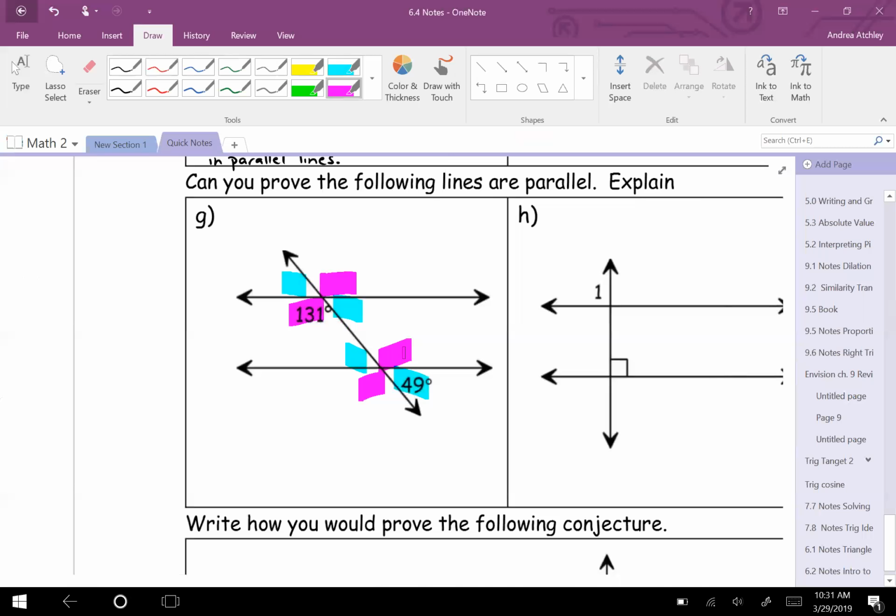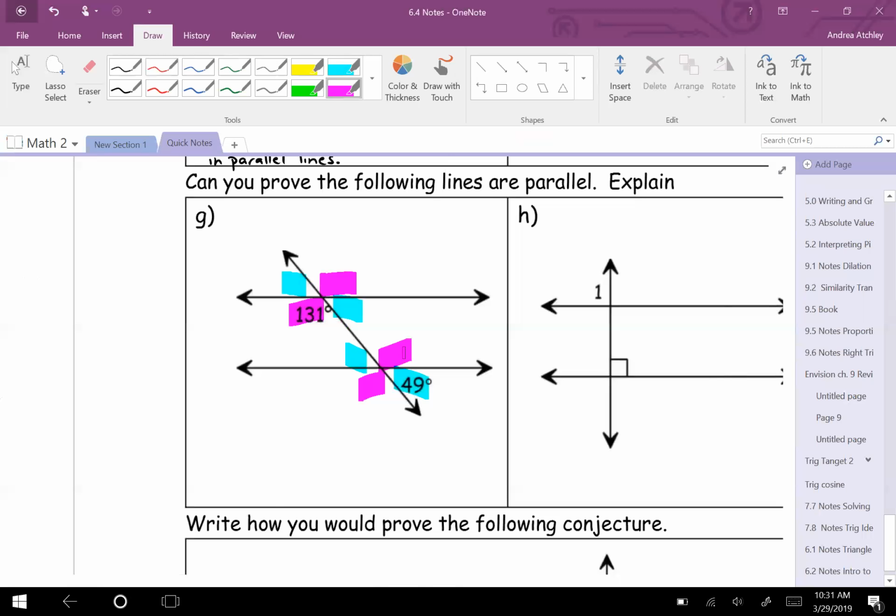What else do I know about these lines and these angles? I don't know these are parallel lines, so I can't say anything is congruent yet.